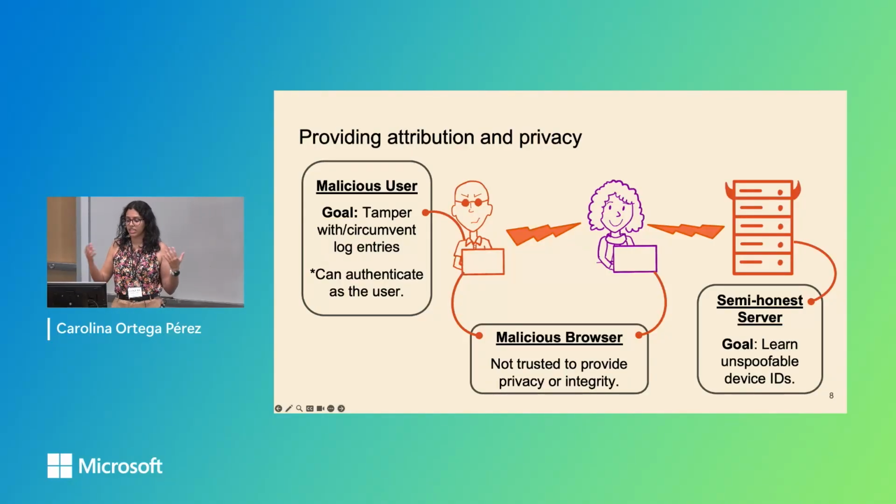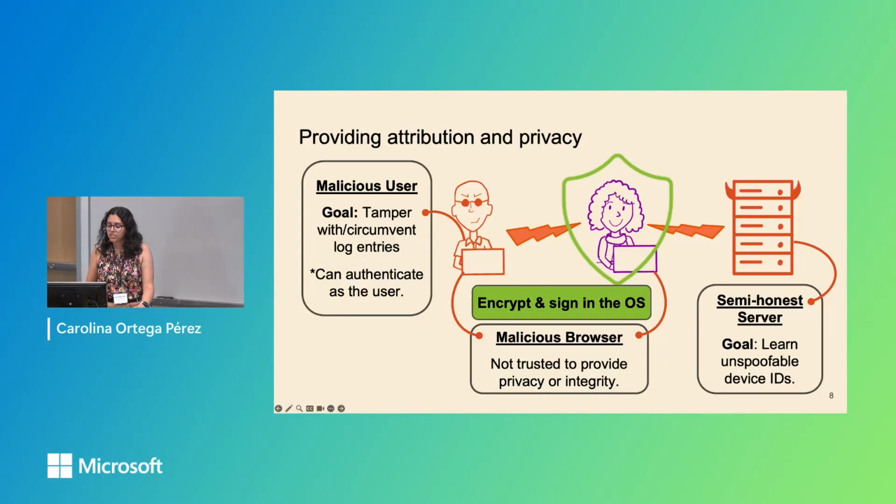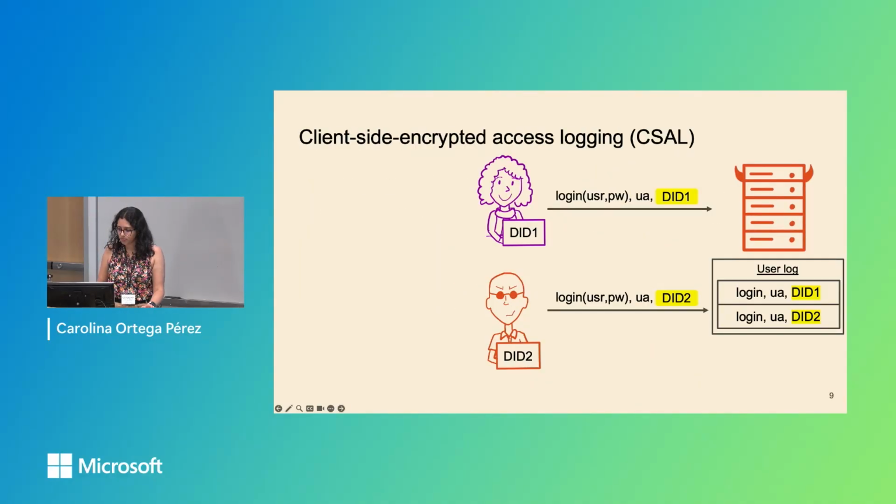We also need tools like ASIs to detect and mitigate compromise after it occurs. And so to tackle this, we're going to rely on operating systems to do encryption and signing for users, and we assume that the OS is completely trusted.